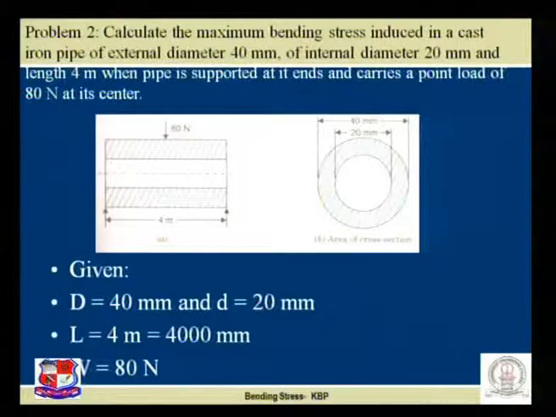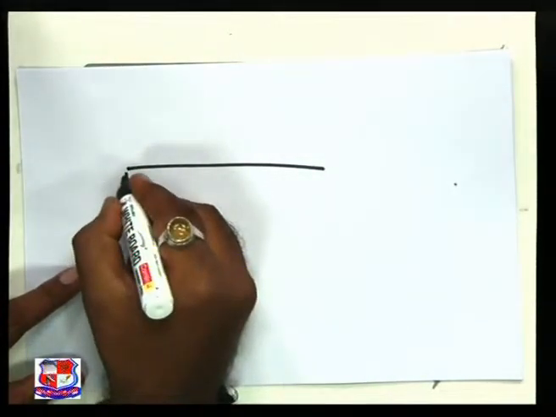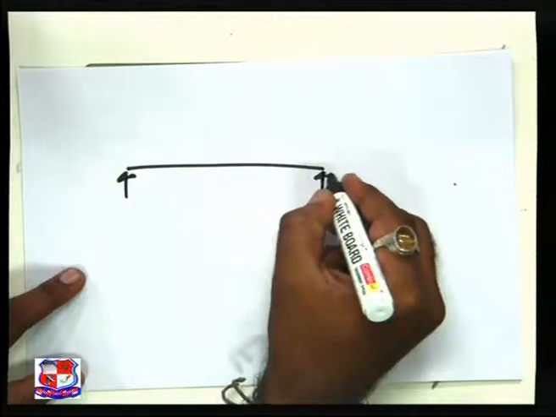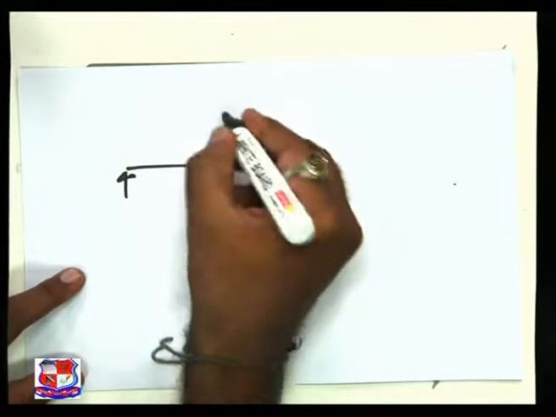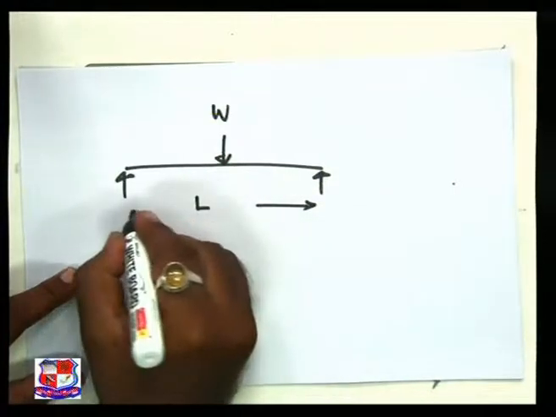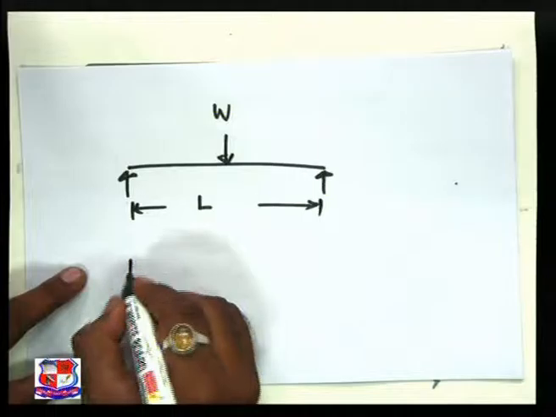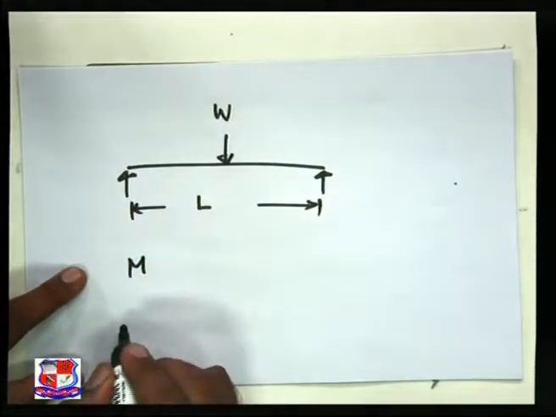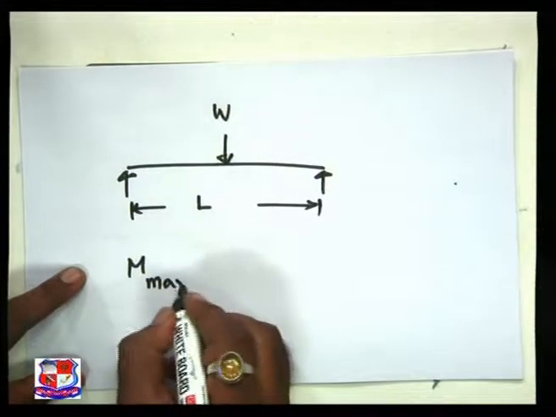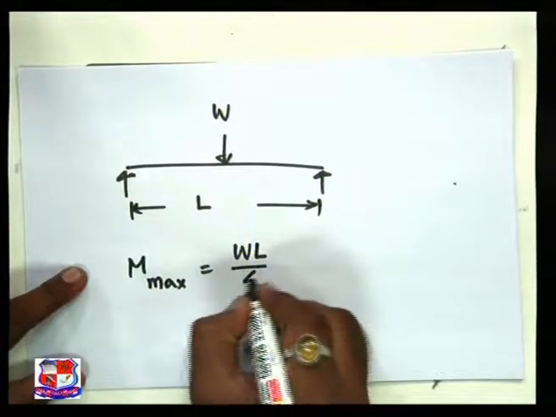Now if we come to the tabletop, please refer to this one. Simply supported beam with center point load W, L is the length of the beam, then M maximum is equal to WL by 4.